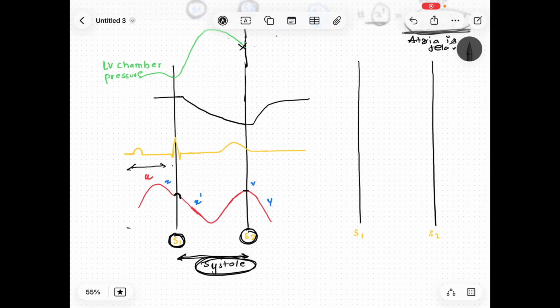The rest of the time the atria is relaxing. A wave is due to atrial contraction, which leads to 30% of active filling of the ventricle.